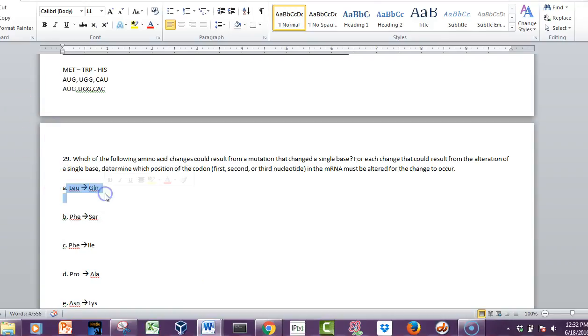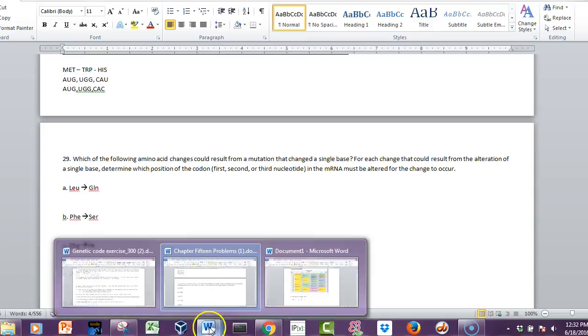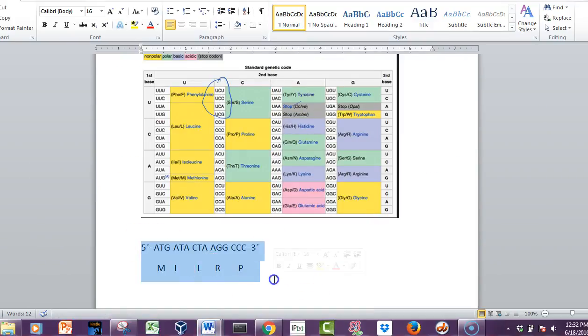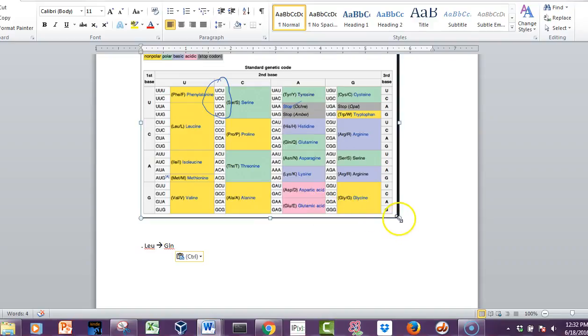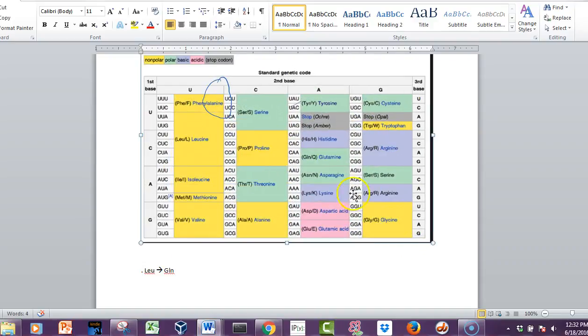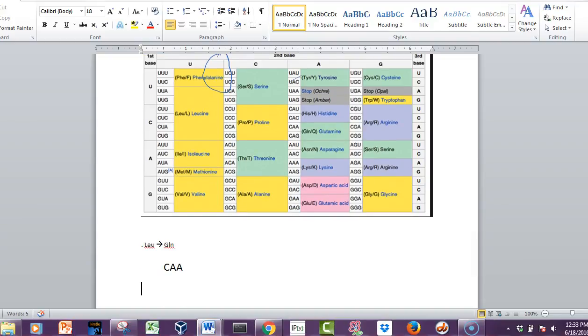So if we want to go leucine to glutamine, leucine was one of those that had a bunch. Glutamine, where's glutamine? So glutamine's over here. So glutamine is CAA or CAG. That's sort of the easy one because there's only two.